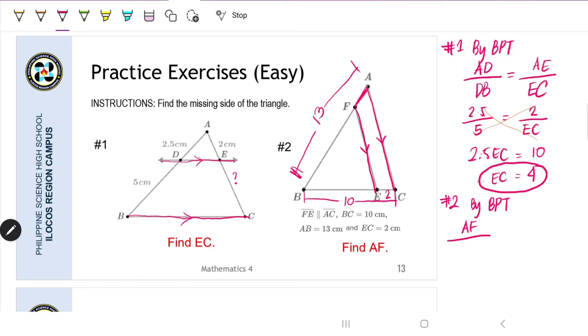So AF all over the whole length AB is equal to EC all over the whole length BC. Okay, so we have here AF over 13 equals 2 over 10. So using cross multiplication to solve this, AF should be equal to 2.6.